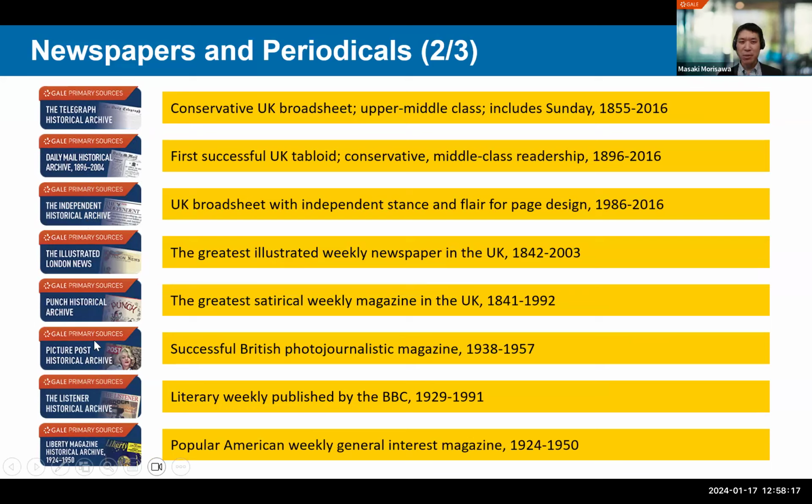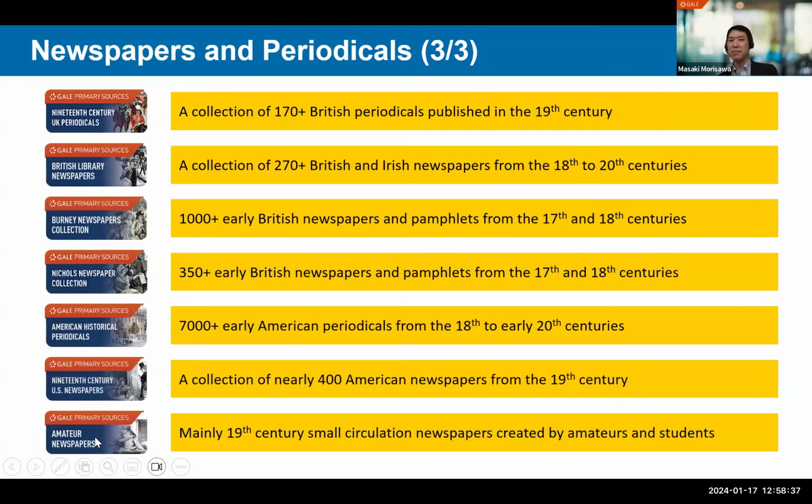And these 3 in particular contain a lot of pictures. The Illustrated London News, Punch is a satirical magazine. Picture Post contains lots of photographs. So these are really good for visual results. Listener is a kind of literary weekly published by the BBC. Liberty Magazine was a general interest American magazine. And then we have collections of periodicals.